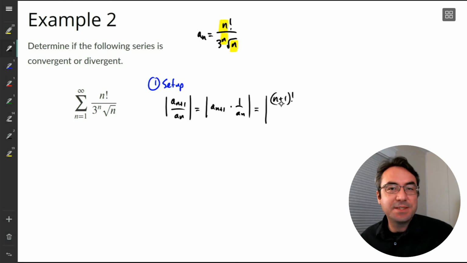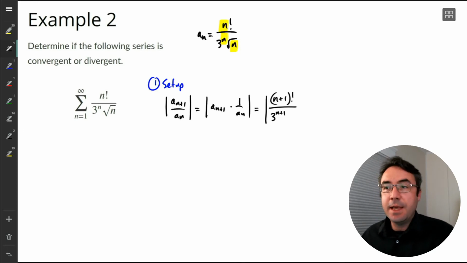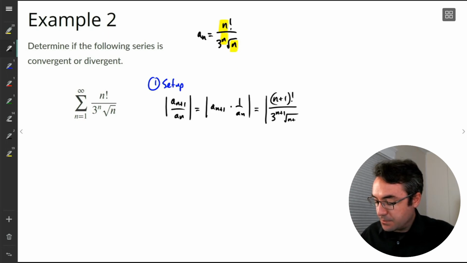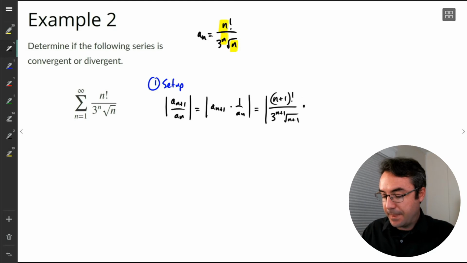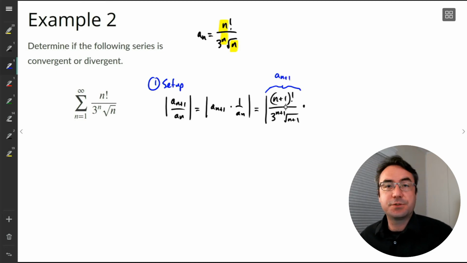We want to put parentheses around the n plus 1 because that's the number we're taking the factorial of. And then what do we have in the denominator? Well, we had 3 to the n, but we're going to change that n to an n plus 1. So it'll be 3 to the n plus 1. And then we have this square root n, so it'll be square root of n plus 1. And so this is our a_n plus 1 term that we've just written out.